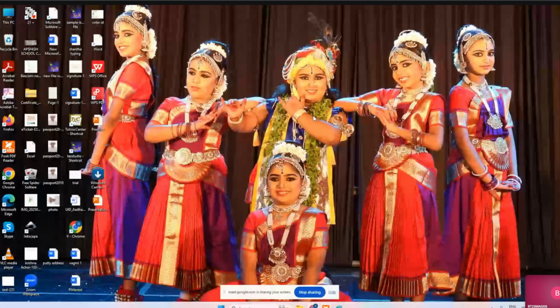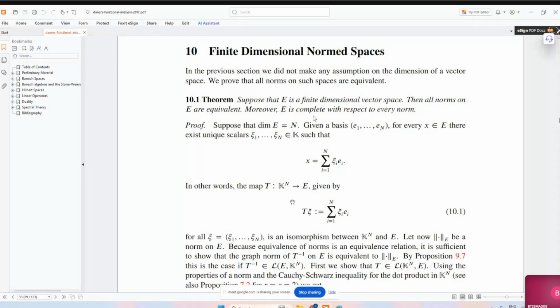So I go back to finite dimensional normed linear spaces. The main theorem here is that if E is a finite dimensional vector space, then all norms are equivalent. Moreover, E is complete with respect to every norm. So every finite dimensional normed linear space is complete, and all norms are equivalent.